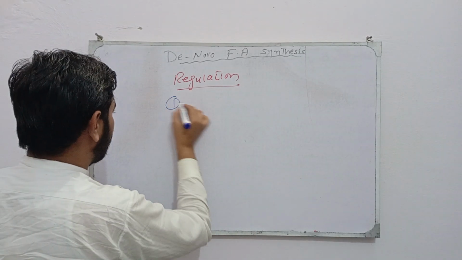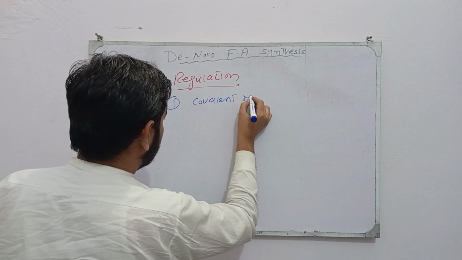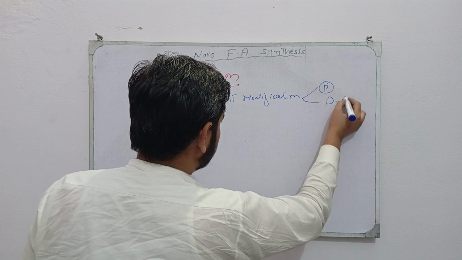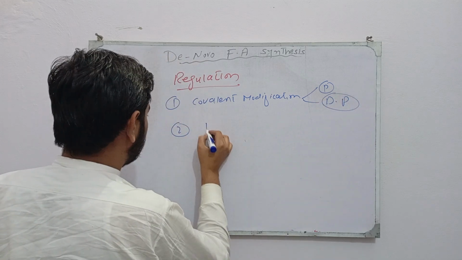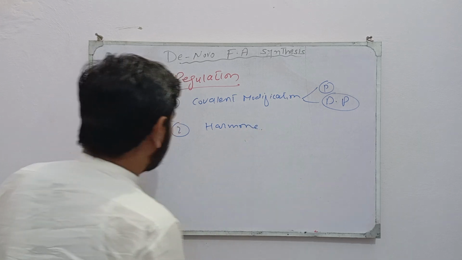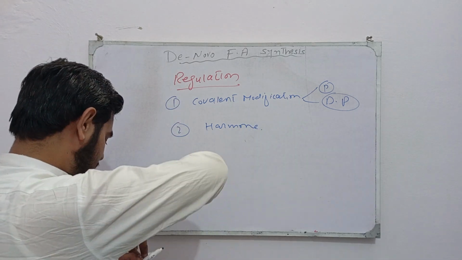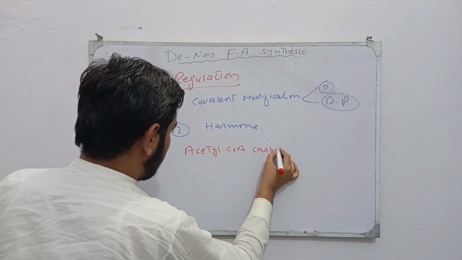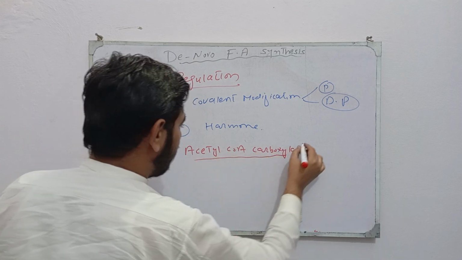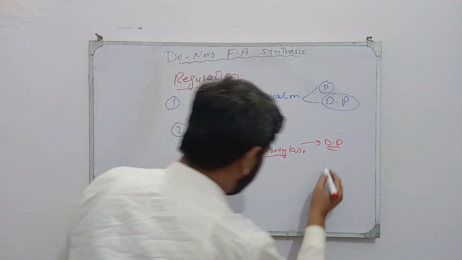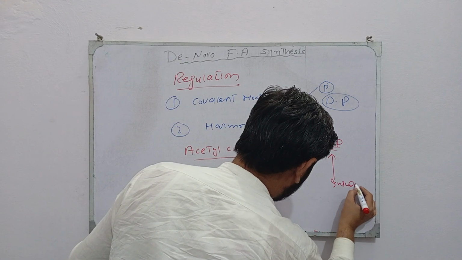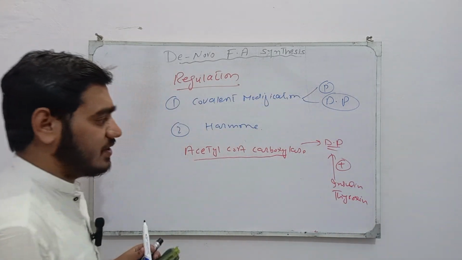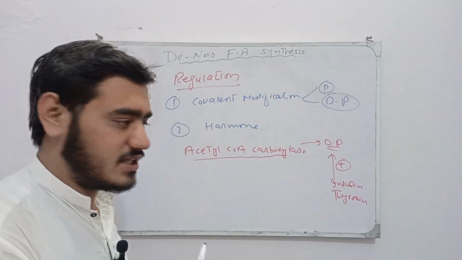Regulation takes place by covalent modification through phosphorylation and dephosphorylation, and also through hormones. The acetyl CoA carboxylase enzyme is activated only in the dephosphorylated condition, and insulin and thyroxine, both hormones, favor the dephosphorylated condition. In this way, acetyl CoA carboxylase is activated.